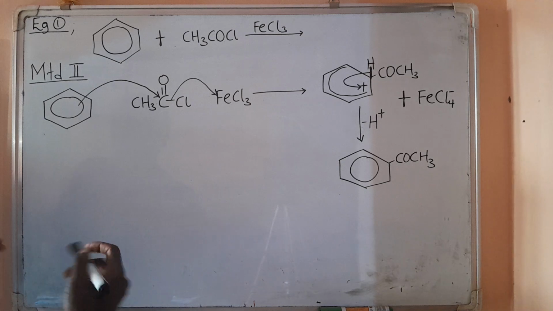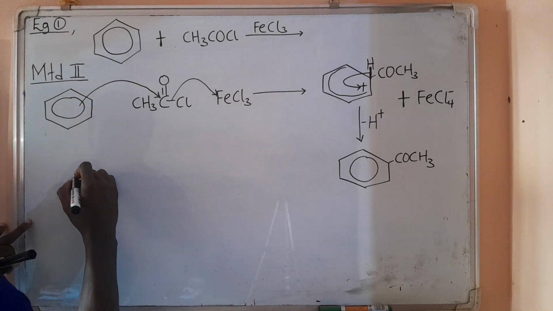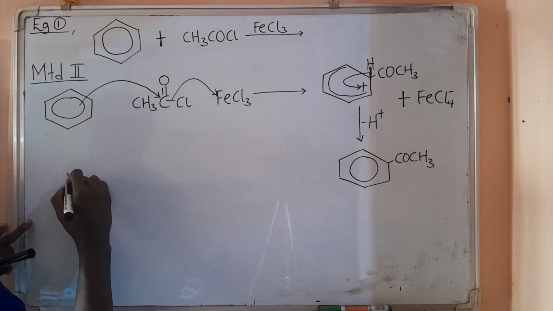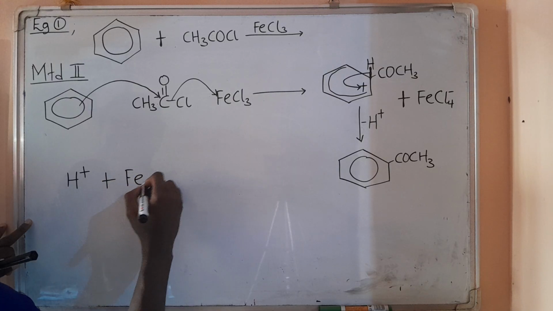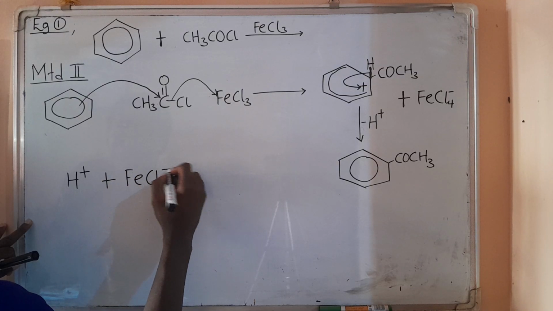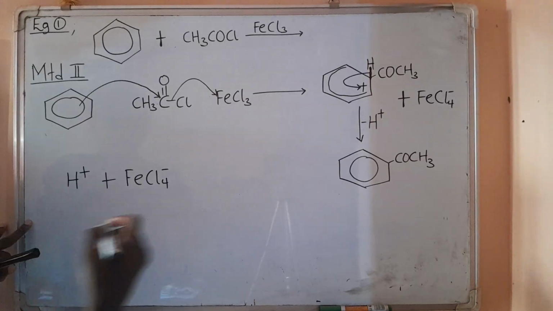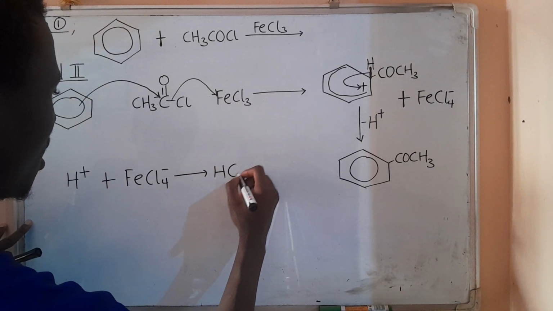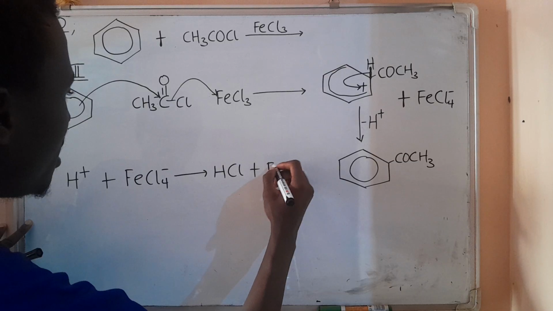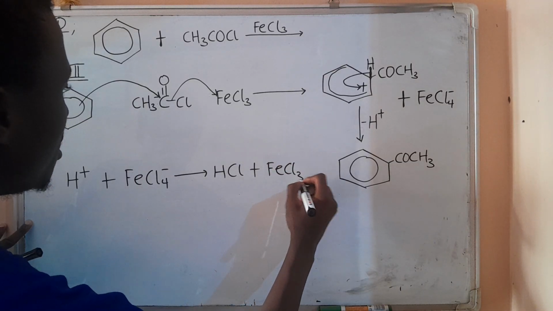So the proton that has been lost combines with the complex FeCl4. So this donates electrons there. So we have hydrogen chloride plus iron 3 chloride.